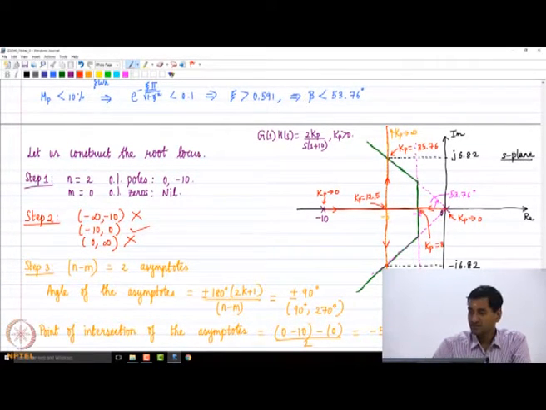Because if you are going to have two closed loop poles at the same value of Kp, think about it this way. Kp is a parameter. So let us say you substitute Kp equals 35.76, you are going to have one closed loop characteristic equation with some constants as parameters. When you calculate the roots, since we are dealing with a real polynomial, that is, a polynomial with real coefficients, if you have a complex root, the conjugate also must be a root.